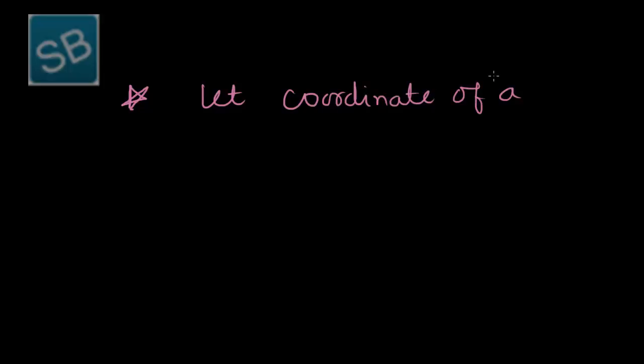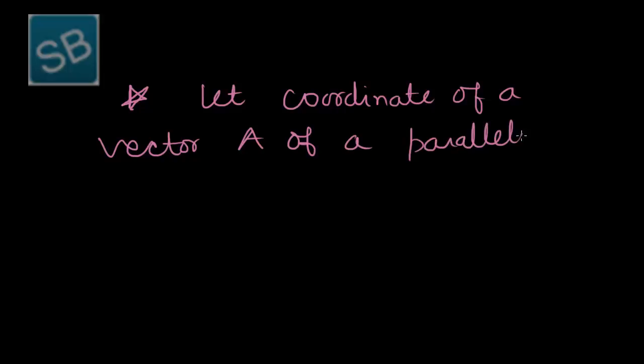Now as we know how we can represent a point in space, we will discuss an example. Let the coordinates of vertex A of a parallelepiped be (1, 3, 2).